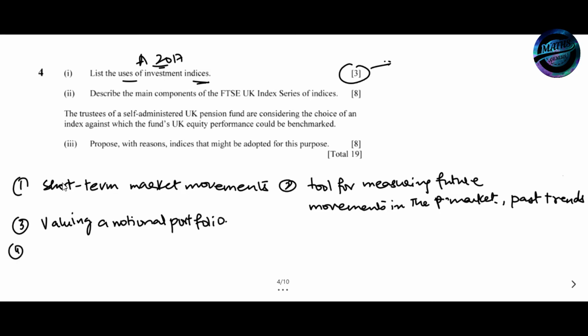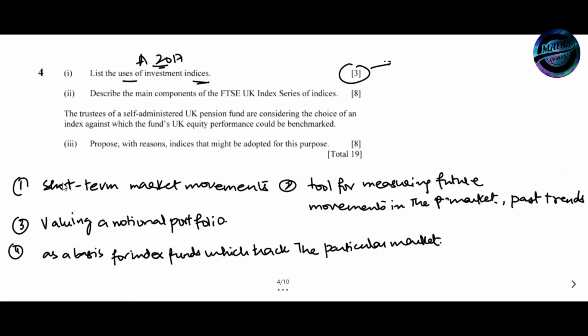Fourth, as a basis for index funds which track the particular market.